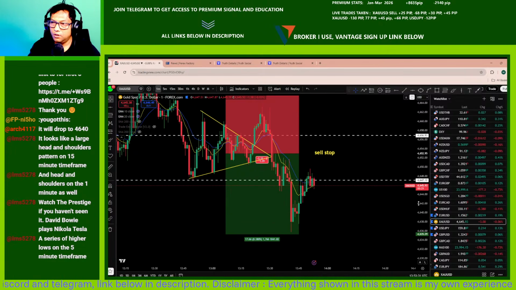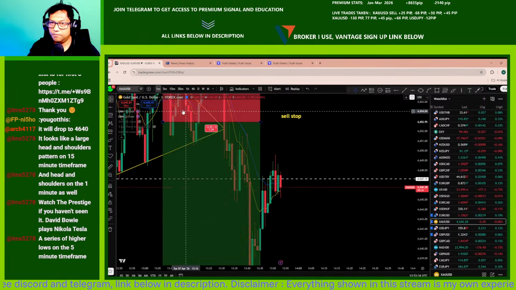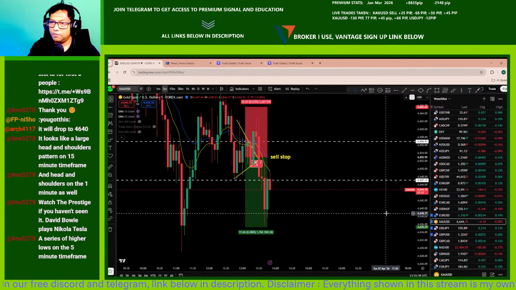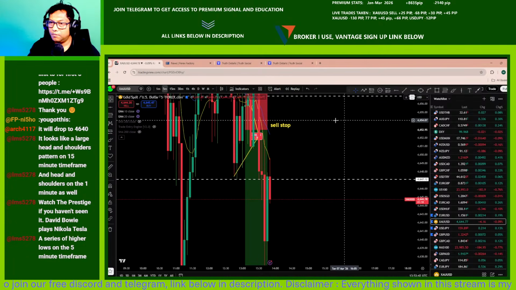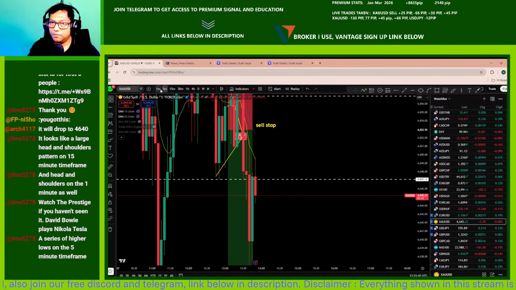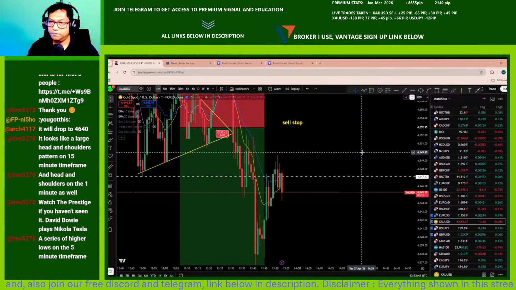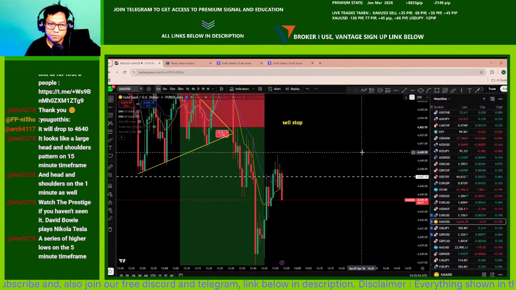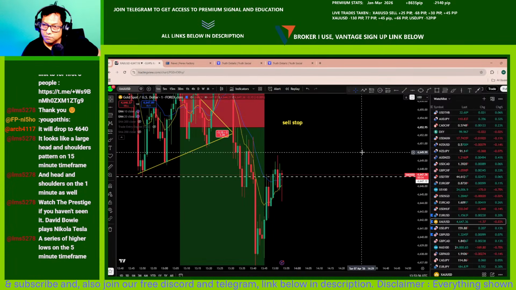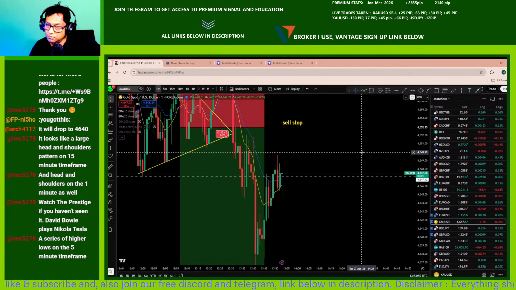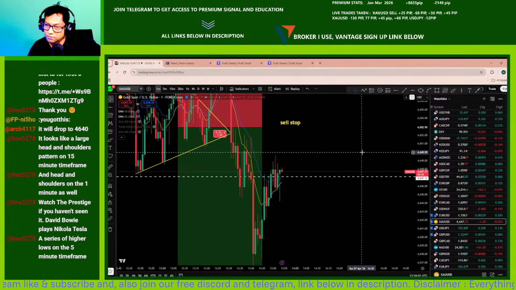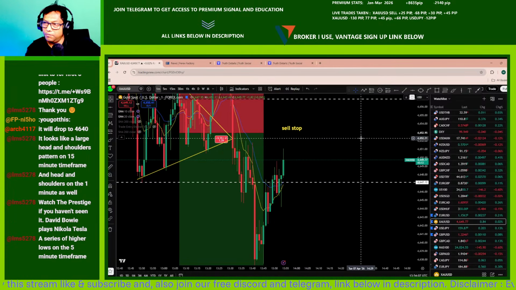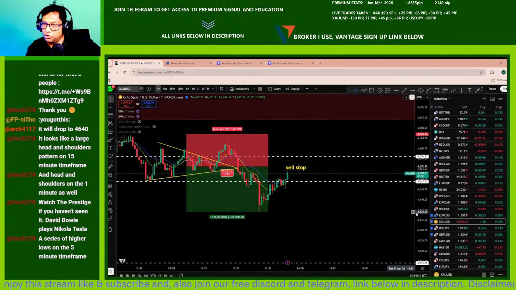It's creating a few more rejections in that area. Breaking back above before the 1 hour close, potentially to bounce back.